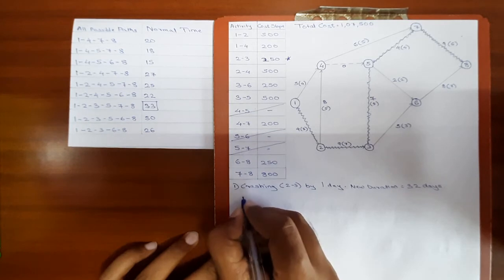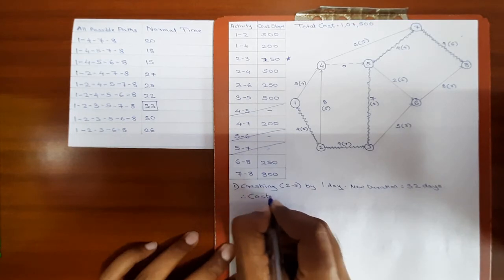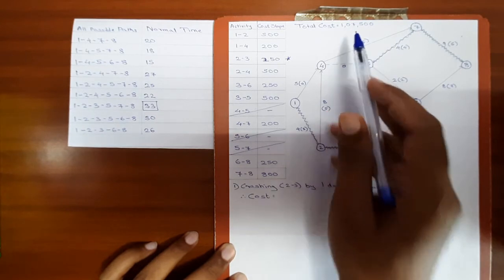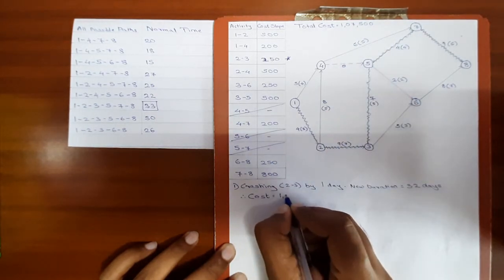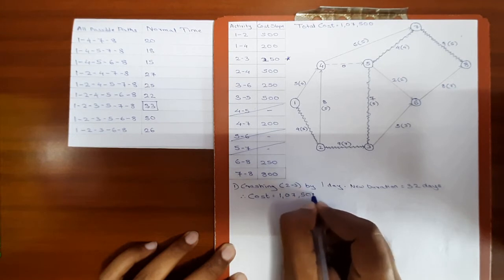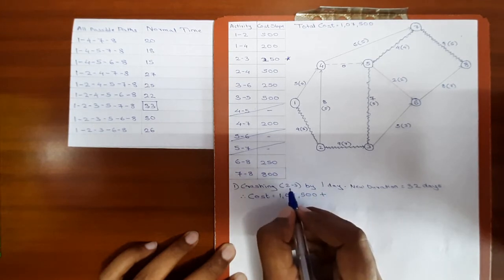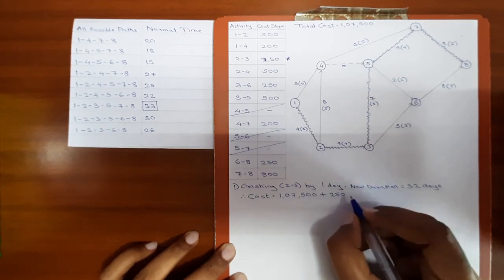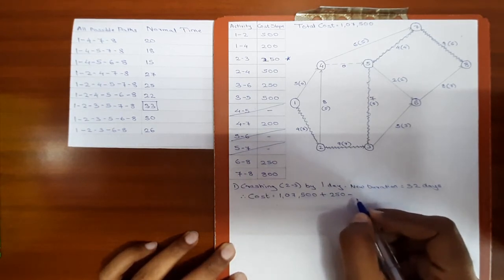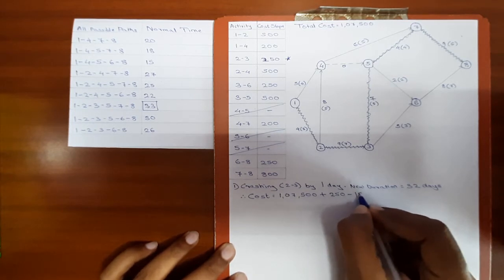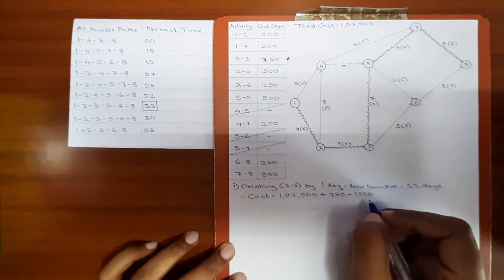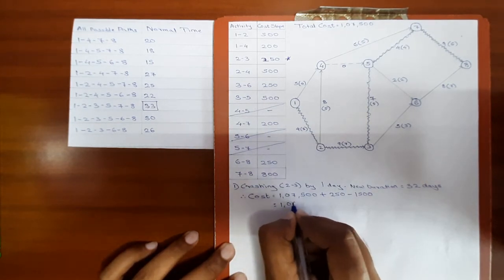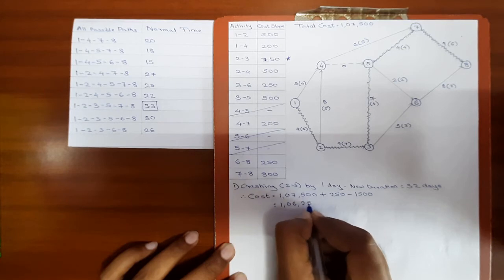And the corresponding cost will be, total cost we already have calculated before, 1,07,500, plus the cost slope of activity 2-3, which is 250, minus the indirect cost of 1 day, which is 1,500. So we get the cost as 1,06,250 rupees.